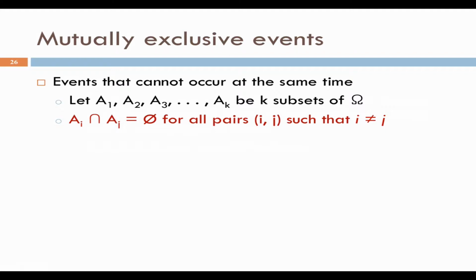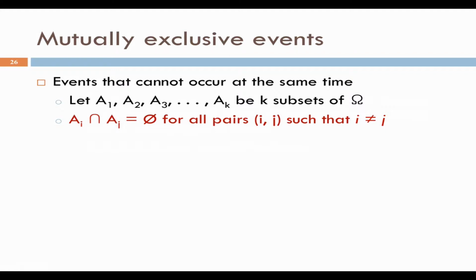If you want to extend it, you get the concept where you have many event spaces and none of those spaces interact or overlap with each other. So you have A1 to, let's say, AK, and all of those are mutually exclusive.